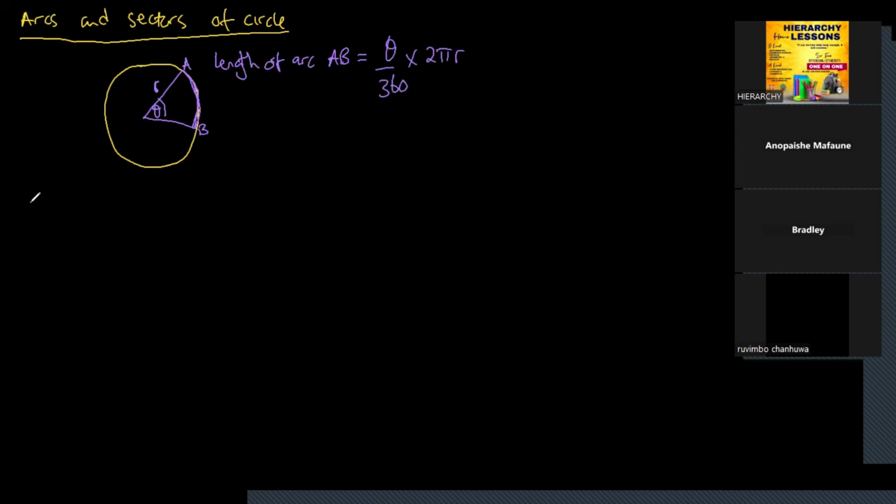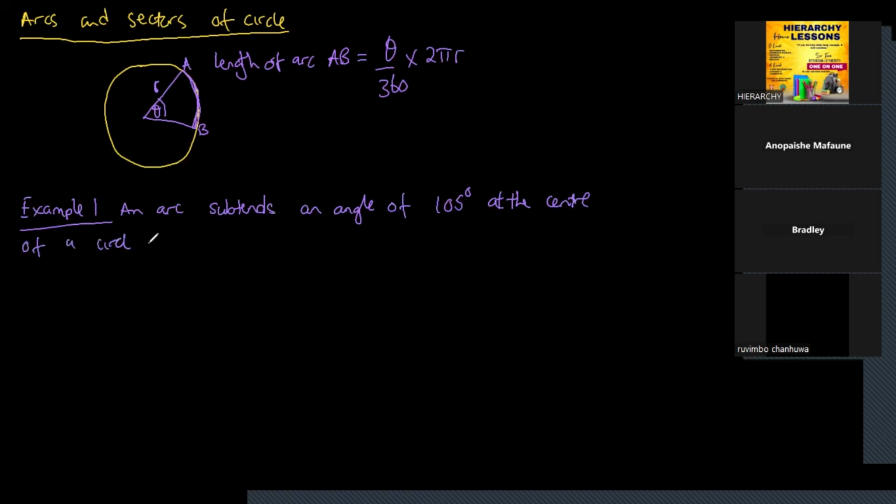So let's look at example 1. It says an arc subtends an angle of 105 degrees at the center of a circle of radius 6 centimeters.